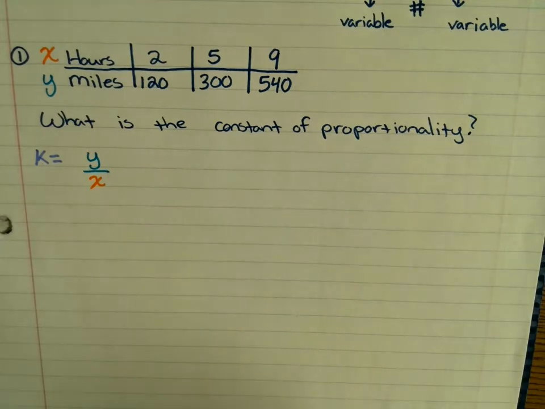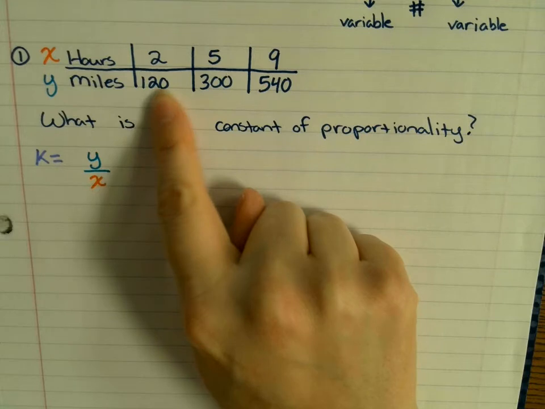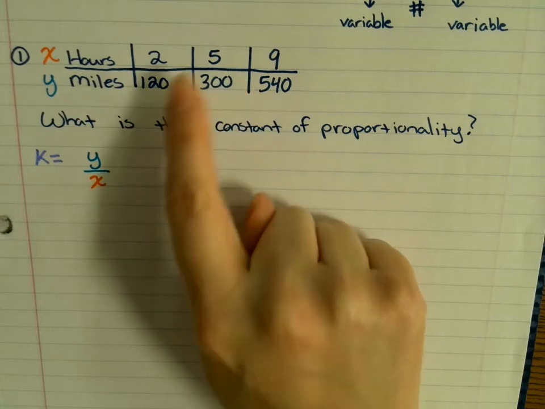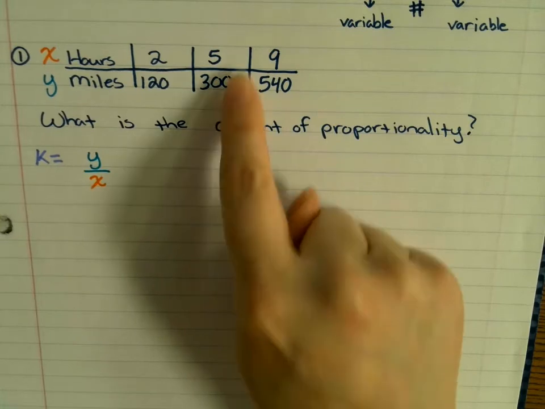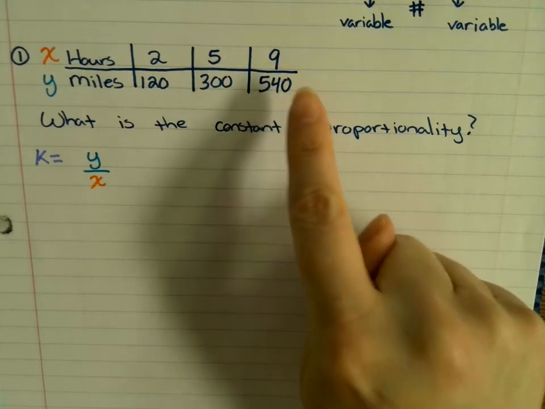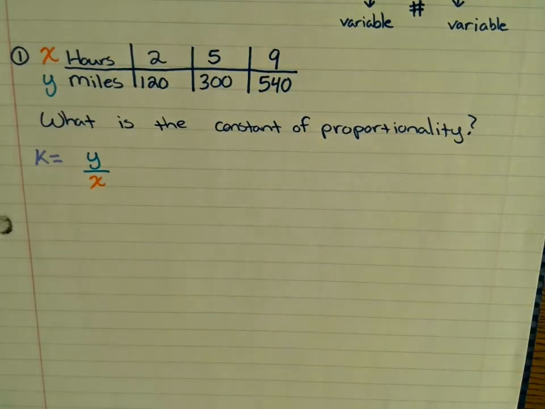So, for example, if I do 120, I can't do 5. It has to be 120 and 2. Or it has to be 300 and 5. Or 540 and 9. You can't mix and match. They have to correspond with each other.